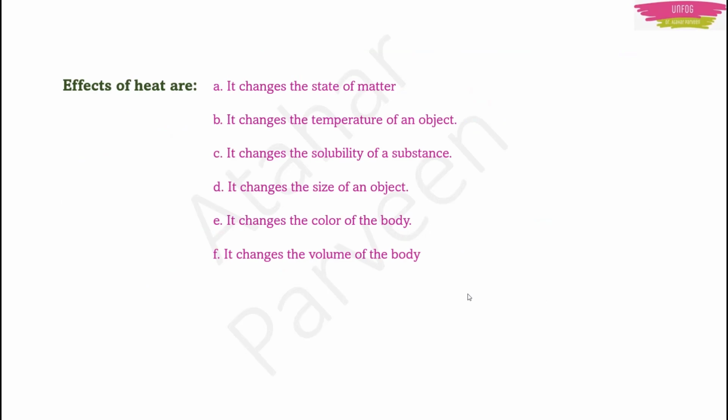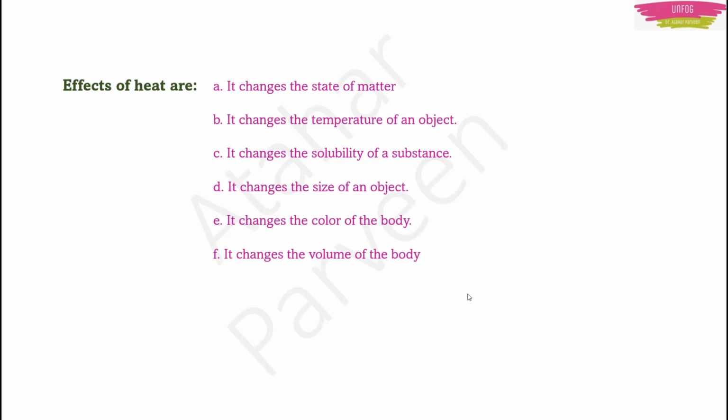Now let's see what are the effects of heat on an object. Effects of heat means what does heat do to an object. For example, it can change the state of matter. Isn't it? If you boil some water, that water will get evaporated and be converted into gas also. So here there is a change of state of this matter.